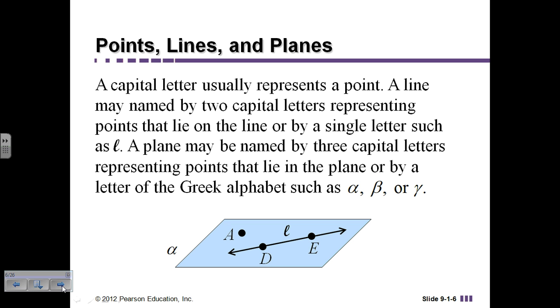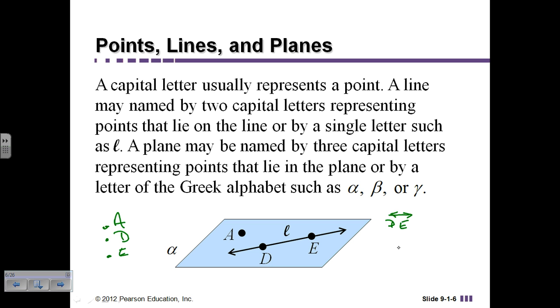So if we look at this example here, we have a number of points in the problem. We have point A, we have point B, point D, and we have point E. We have a line, and our line is DE, and we use a symbol above the line to show that it's a line.